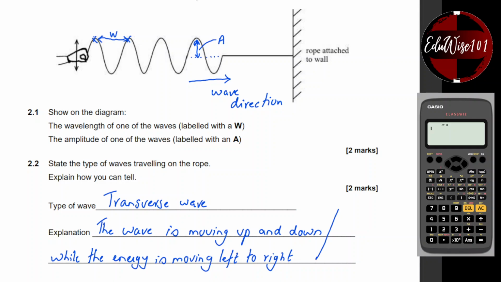There's another way of saying it. The rope moves perpendicular to the wave direction. You need to connect these 2 points, how the rope is moving or the wave is moving, to the direction of the energy.